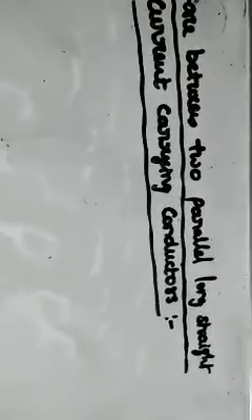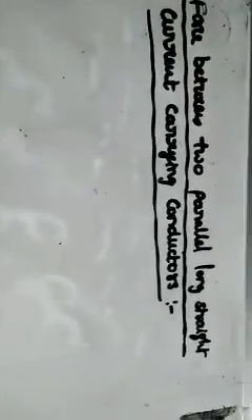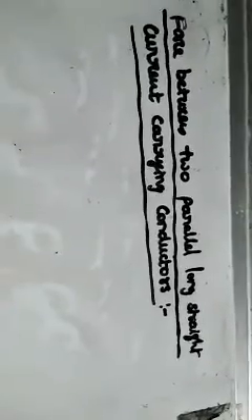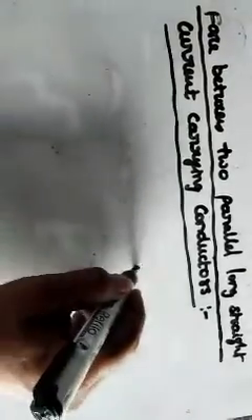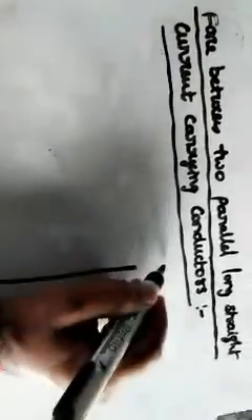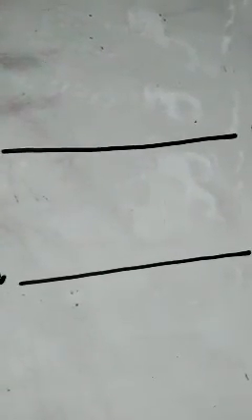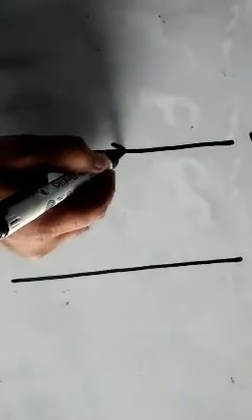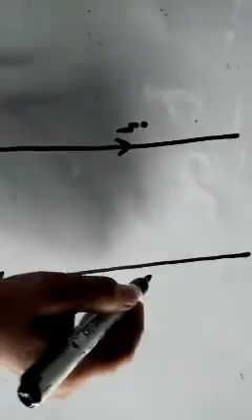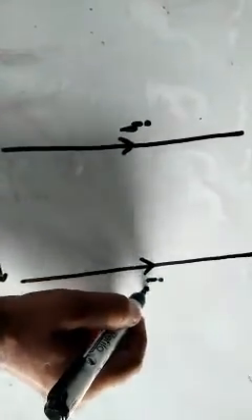Listen carefully. Consider two infinite long straight conductors. I told you already, infinite means the length is very high compared to the thickness. Consider this is the first wire, this is the second wire. Here the distance between the two wires is r. Here the current carried is I1, here the current carried is I2.